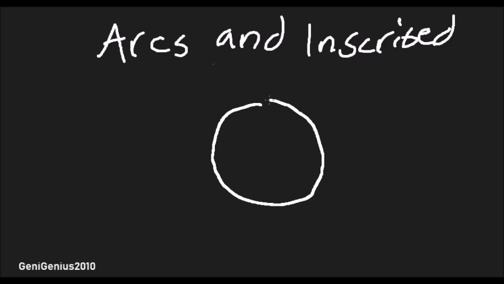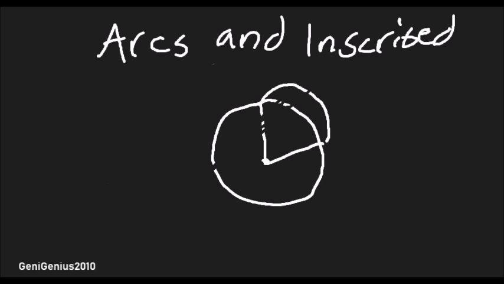So again, it's the meeting of two lines on the circumference. So let's say two lines connect to the central angle, which is right here, and this area right here, this would be the arc.